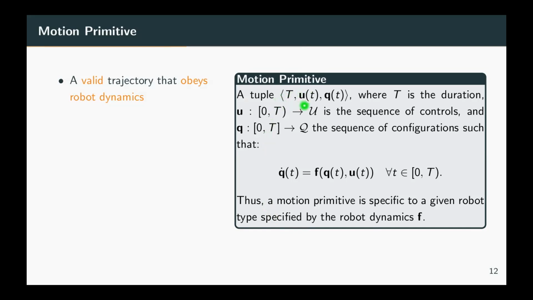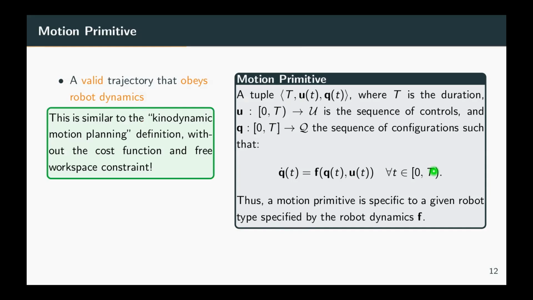The second one is some sequence of control actions. And the third one is some sequence of states. We want the sequence of control actions and states to follow our dynamics equation over the whole duration of the motion primitive. That also means that the motion primitive is specific to some robot type, because the robot type defines our dynamics.